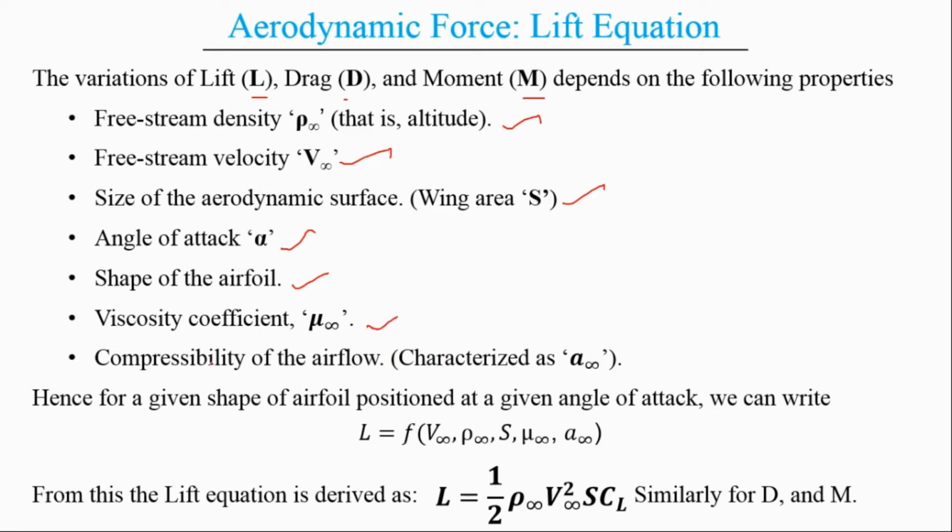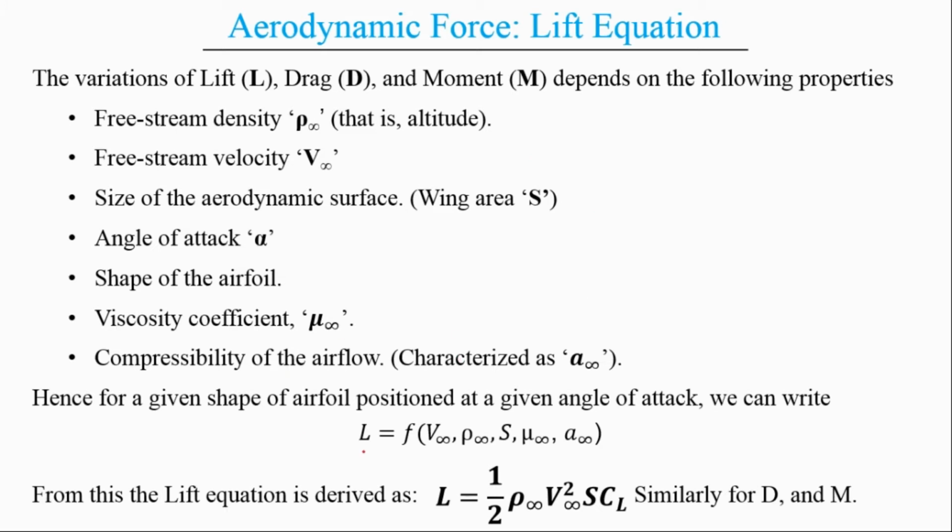And finally, we will deal with the compressibility of the air by using a term a infinity. a infinity is nothing but the speed of sound, which is square root of gamma R T infinity, or similarly, you can obtain it by using another relation. So we need some relation or an equation which relates all these parameters.